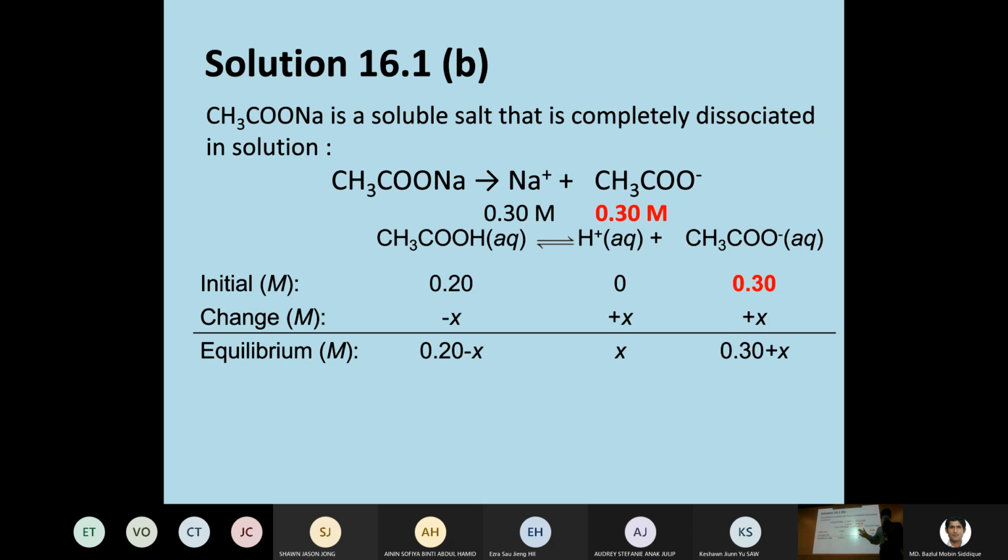It doesn't matter with the hydrogen, because it doesn't have hydrogen. But acetic acid at the same moment has 0.2 molar, and not all of it gets dissociated. Only X amount gets dissociated, right? So this X amount getting dissociated is on top of this 0.3, it is getting added up, right? Okay.